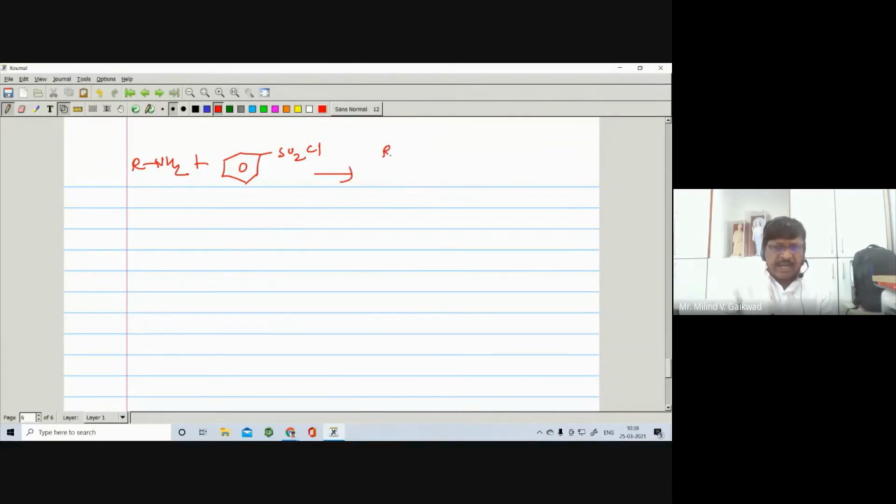It reacts with NH2, H from this and Cl from this. There is a removal of HCl and you get the corresponding sulfonamide. So here is SO2 and here is a benzene nucleus, and there is a hydrogen on the nitrogen.